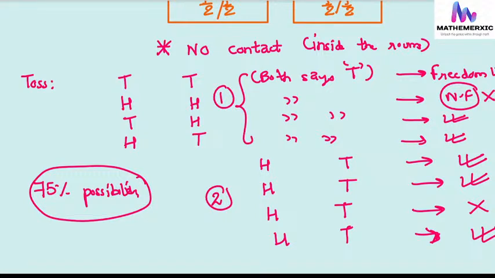I'll not conclude at the moment because I don't know what the final answer for this is. But as for me, there is a 75% possibility to be free. 1/4 every time you have the possibility that we can't be free. So no problem. First trial we have done.